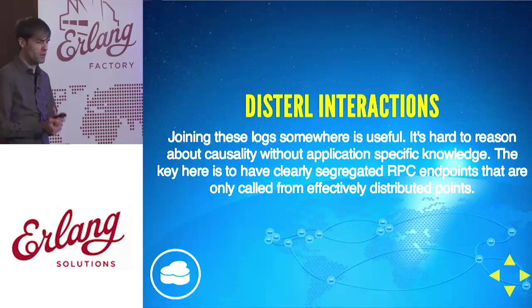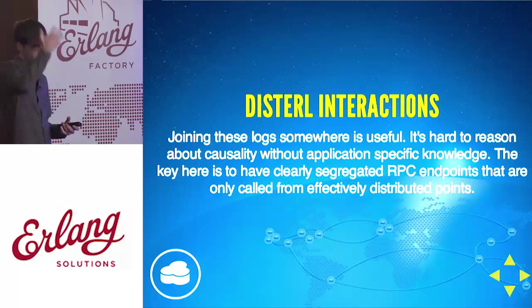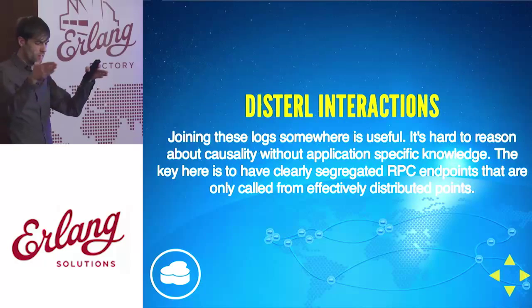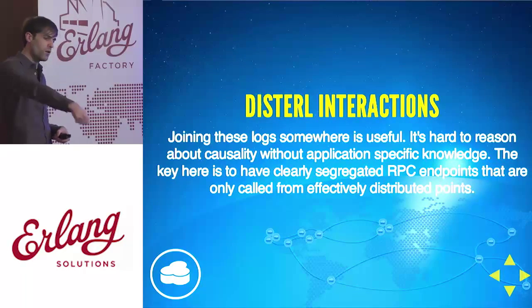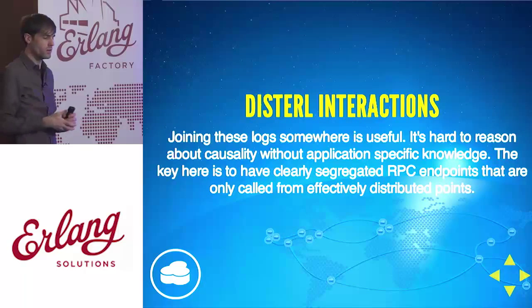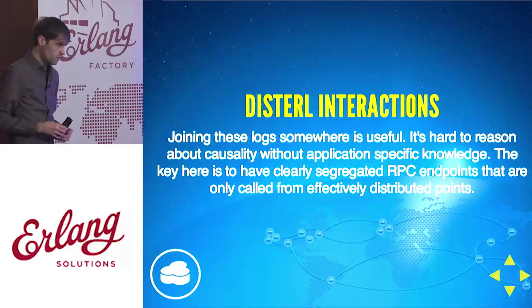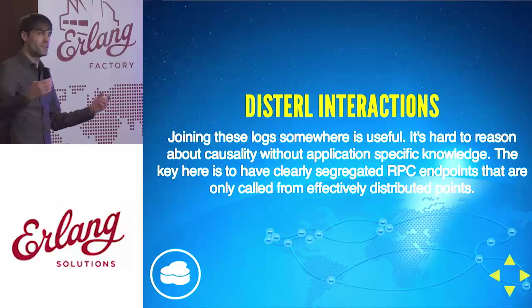The main way around this is to make sure you have a clear module or place where RPC starts and ends. That way you can efficiently say, I want things that enter in here and exit over here to be connected and joined. Unfortunately, Erlang makes it really easy to just call anything, anywhere.